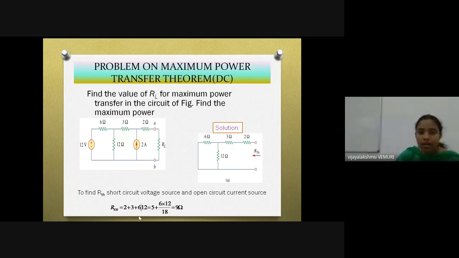Both are in parallel, and the combination is in series. 6 into 12 by 18 is 4. 4 plus 5 is 9 ohms. So RTH is equal to 9 ohms. You just take down the problem, every one of you, and write till RTH. Make it fast.